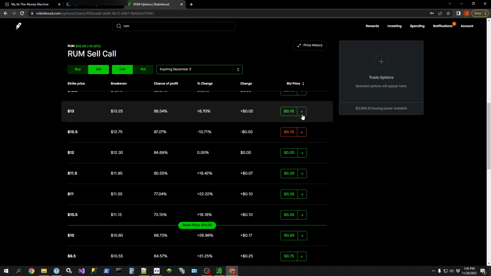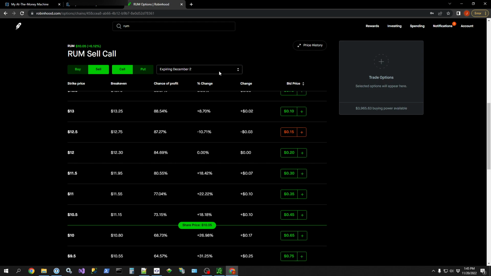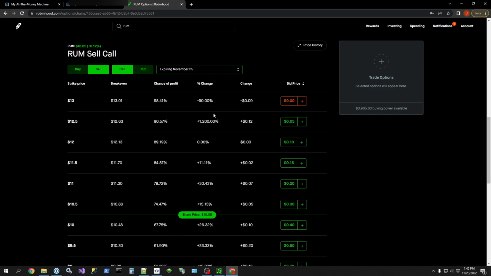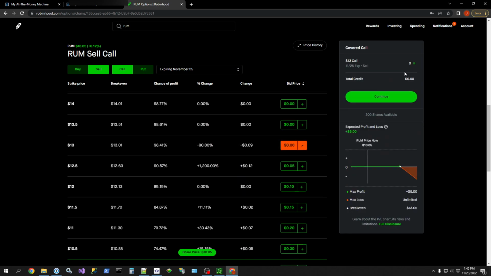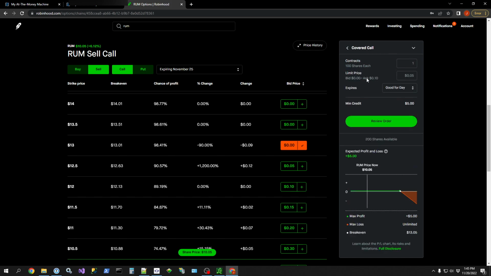I'm wondering if I can try to do 13 here, because RUM is another one where it only trades in nickel increments. So, yeah, look, it's trading between 0 and 10, so I might very well be able to get a nickel pretty easily on RUM.